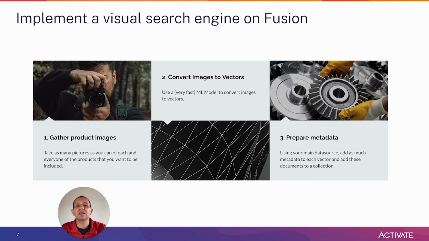So the first thing that you will have to do is take a lot of pictures of your catalog products. Then you will have to choose a machine learning model that will help you convert those images into those vectors. And that has to be fast, because if you have hundreds of thousands of images, that may take some time.